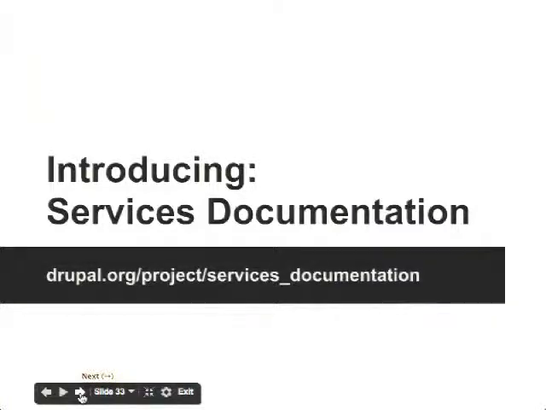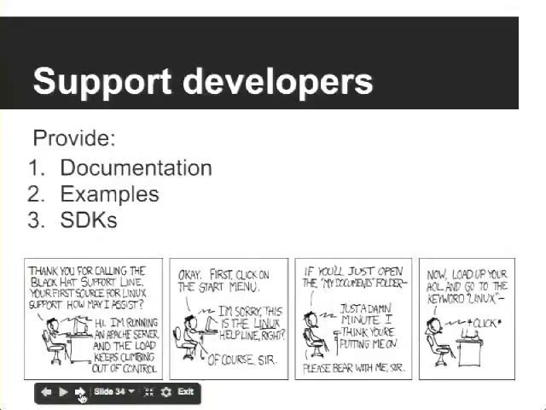So now we're going to talk about how to generate automated documentation from your services resources with the new services documentation module that we wrote. And you guys are free to contribute to it. Probably don't have enough time to read this XKCD comic, but it's all about supporting developers and giving good support.